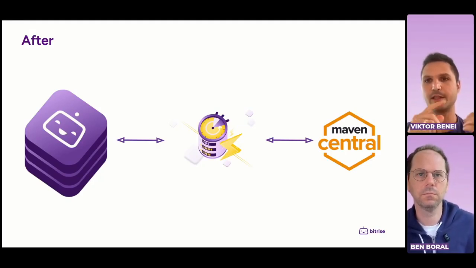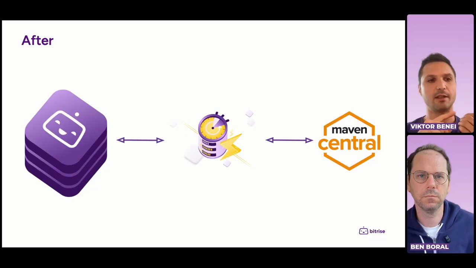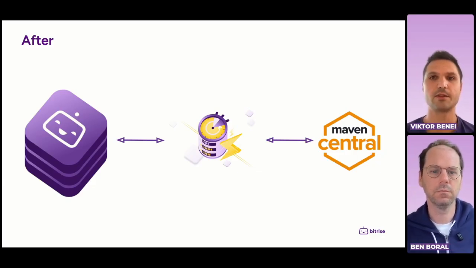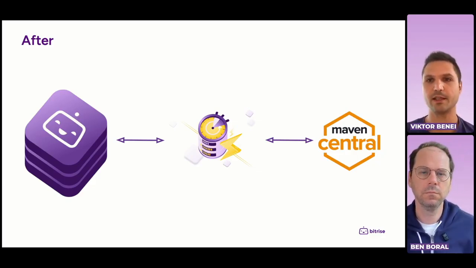Your build connects to the repository manager, and the repository manager checks whether that specific dependency is already available there. That's part of the Bitrise infrastructure. We have these in every single data center we have, so it doesn't even have to go outside the data center.